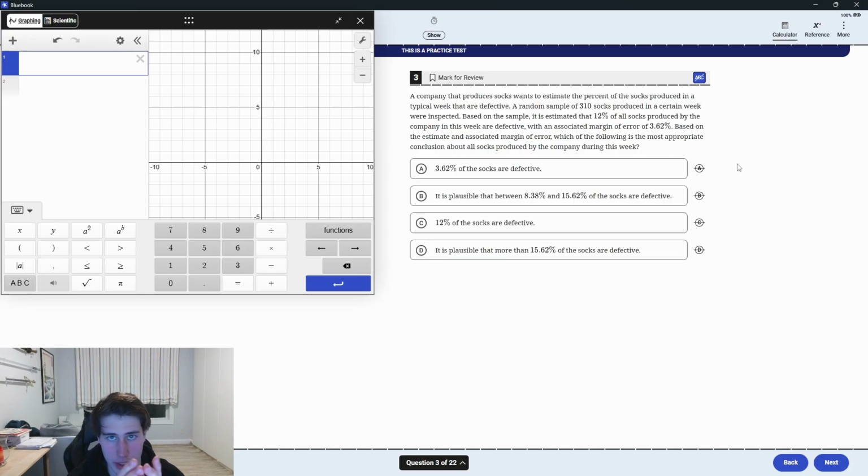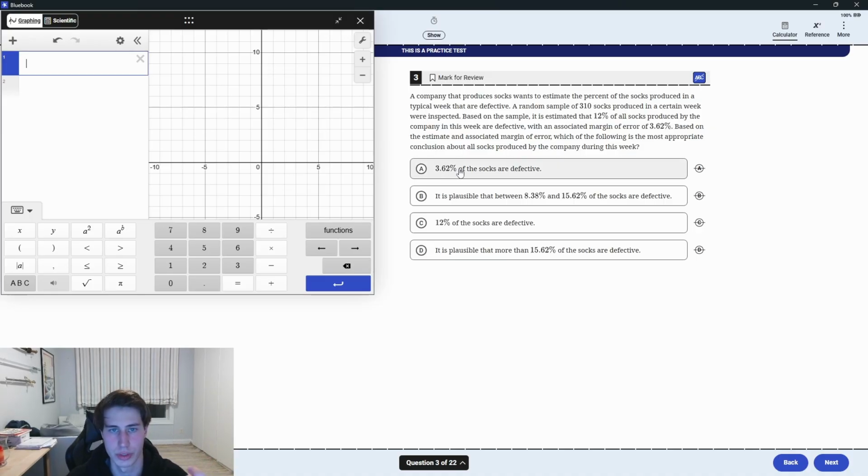So margin of error means that the actual value could be plus or minus the margin of error from the estimated 12% of socks that are defective. So in this case, the percentage of defective socks is anywhere from 12 minus 3.62%, so like 8.38%, up to 15.62%.